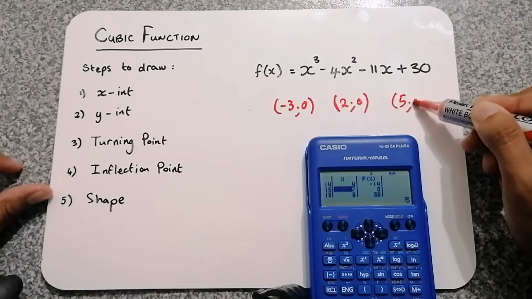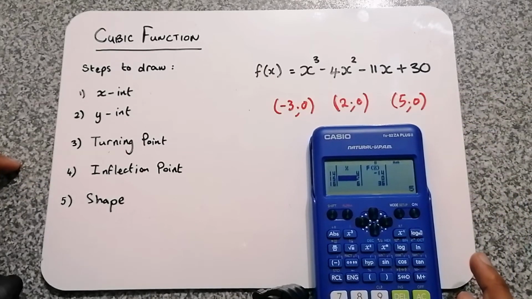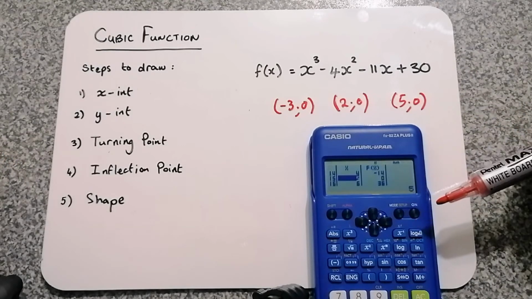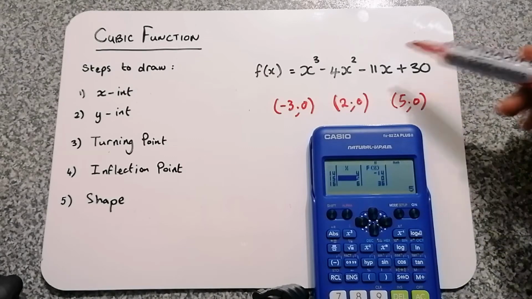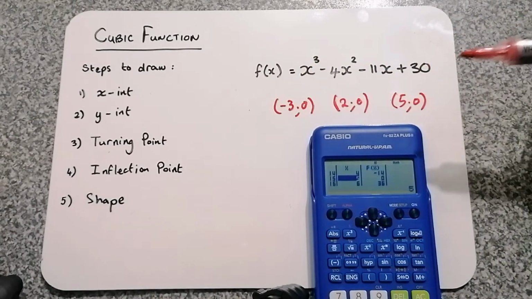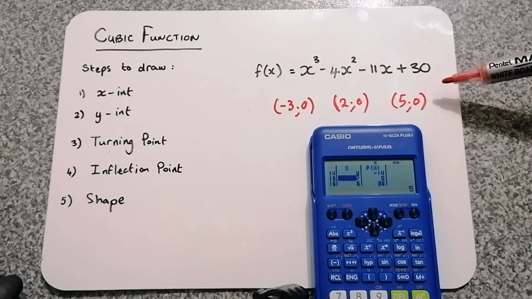Okay, so these are all my x-intercepts. And I didn't do any work really to get these answers. I simply just used my calculator. Now, if you want to know how to factorize a polynomial or a cubic function like this, just check out my other video that I'll be uploading shortly about factorizing these cubic functions.